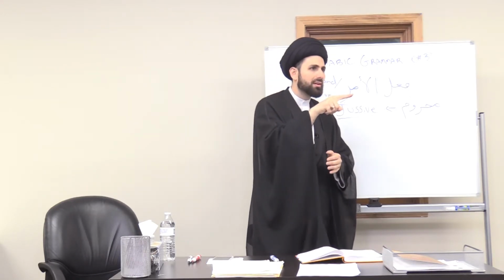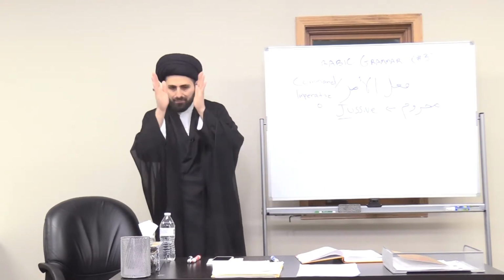When you stop at the end of a verb, at a letter, and you have that sukoon, that consonant, meaning there's no vowel, that means what? It's majzoom. That's the definition of jasiv. So whenever you hear jasiv in English, it means it's majzoom. What does majzoom mean? That the end has no fatha, no dhamma. It's a sukoon.